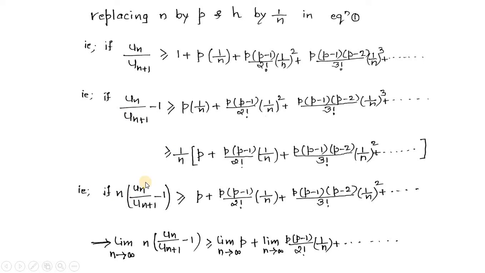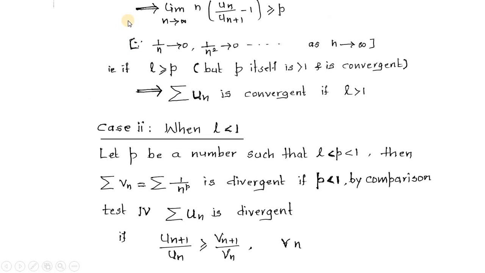So we'll have n into (un by un plus 1 minus 1) is greater than or equal to p plus p into (p minus 1) by 2 factorial into 1 by n plus so on. Now apply the limit as n tends to infinity on both sides. After applying the limit, we'll have the right hand side as p, where 1 by n tends to 0 and 1 by n square tends to 0 as n tends to infinity.